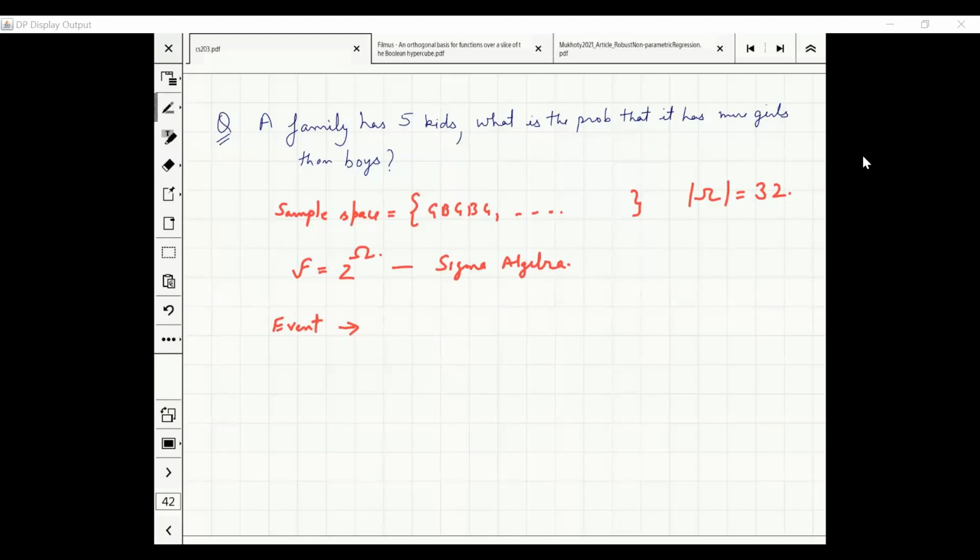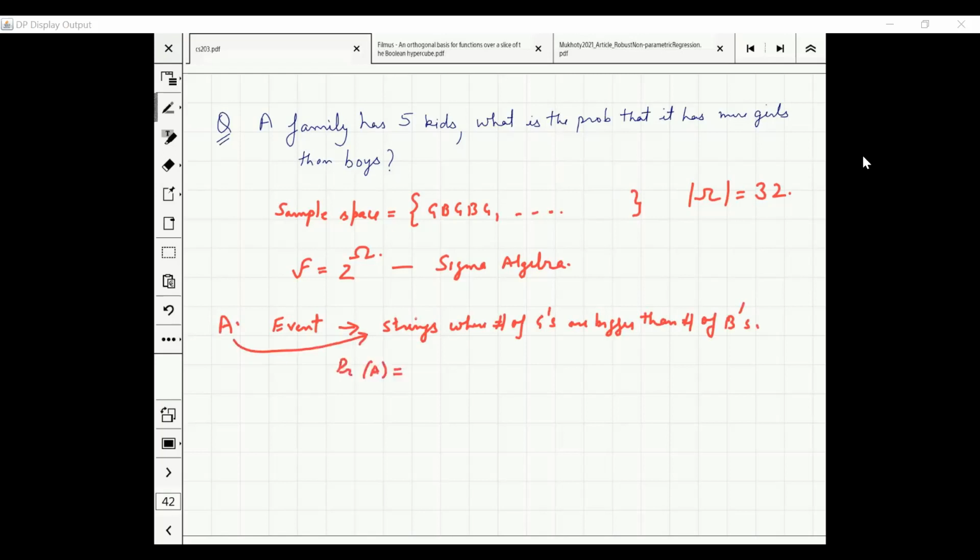The number of G's in the string is greater than the number of B's. Right. Strings where the number of G's is bigger than the number of B's. Okay, call this event A. And any guesses what will be the probability of A?